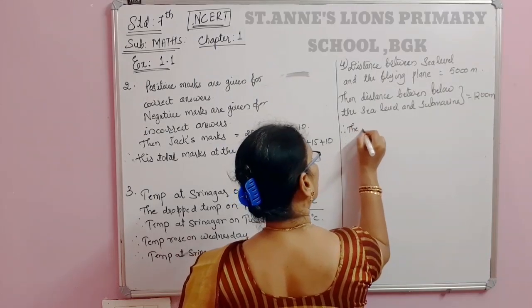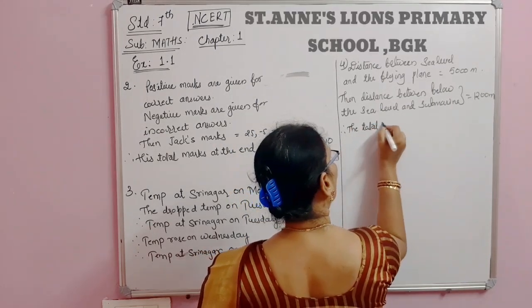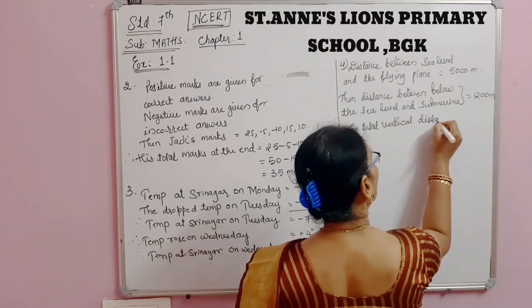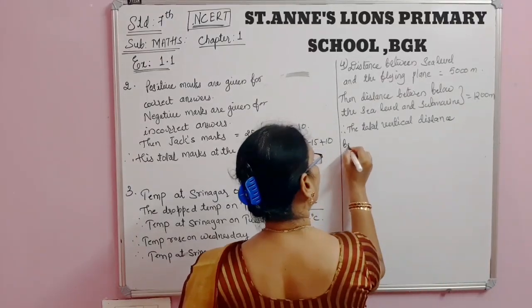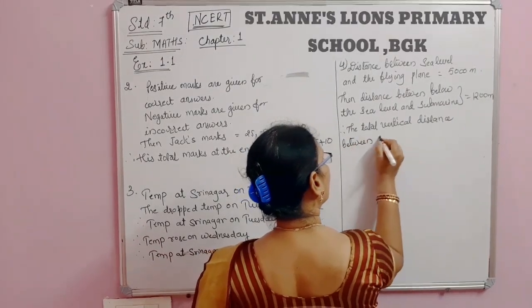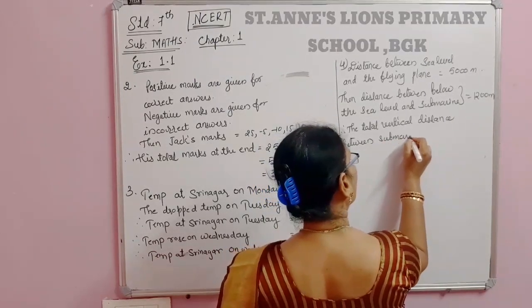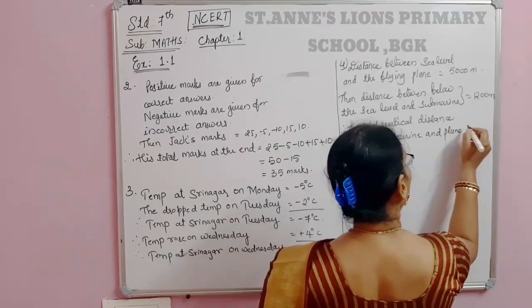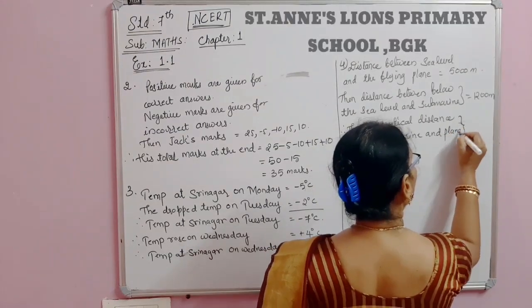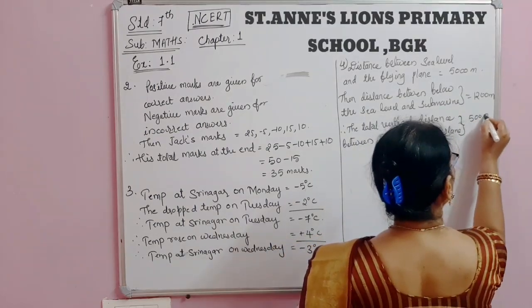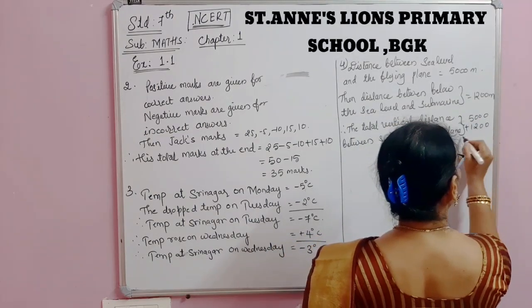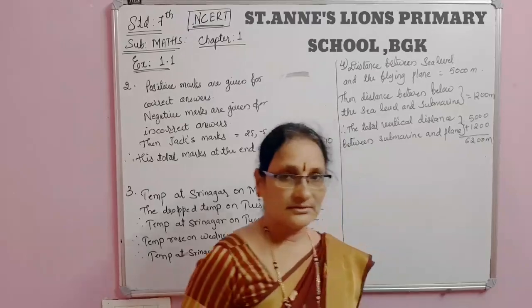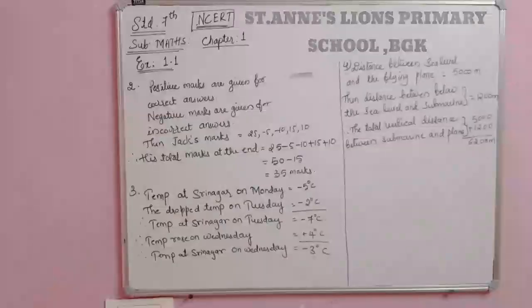Therefore, the total vertical distance between the submarine and the plane is equal to 5000 plus 1200, which is equal to 6200 meters. This is 6200 meters.